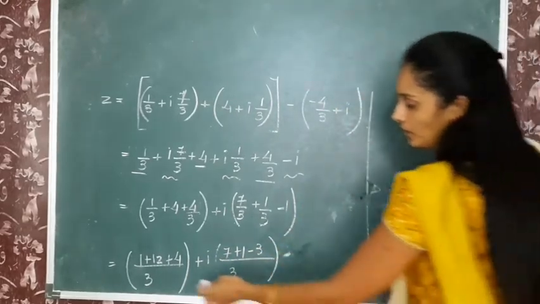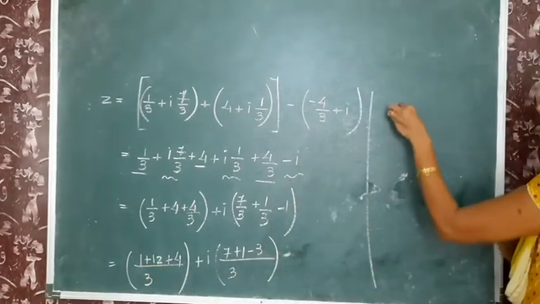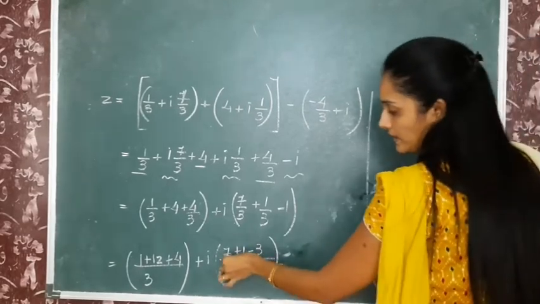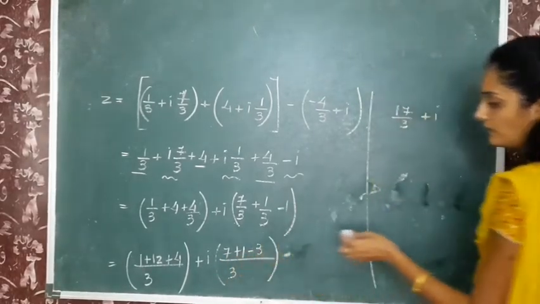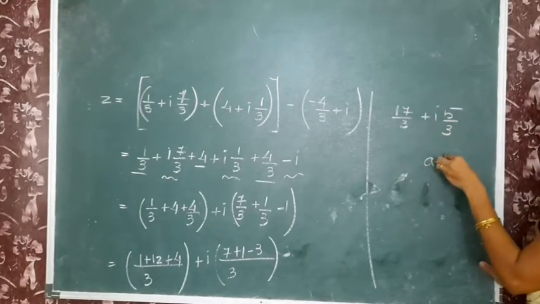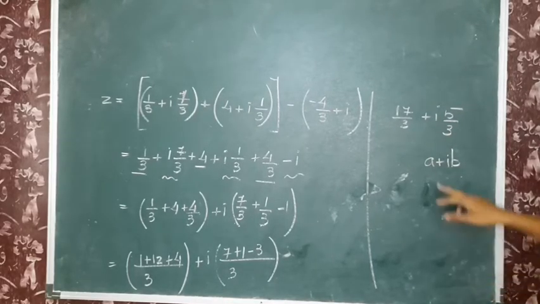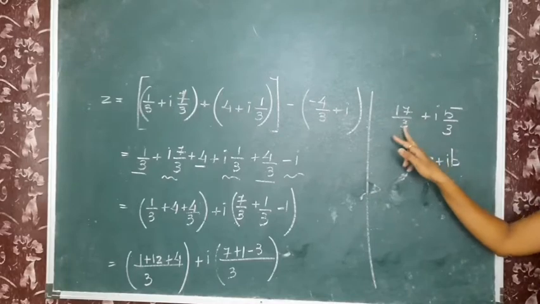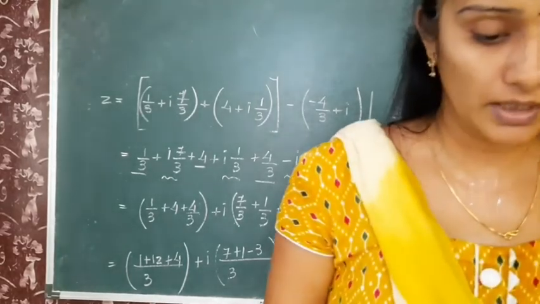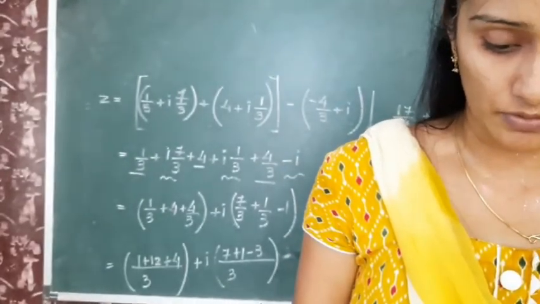So 12 plus 4 is 14, sorry, 16. 16 plus 1 is 17. 17 by 3 plus i. 7 plus 1 is 8, 8 minus 3 is 5, 5 by 3, which is a plus ib form. Okay, and here real part a is 17 by 3 and imaginary part b is 5 by 3. We can say it is a standard form, otherwise a plus ib form.